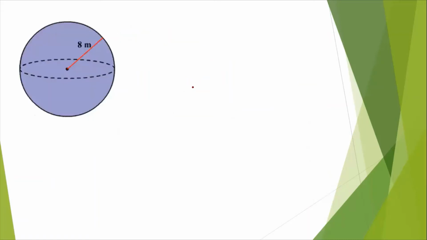Now, how about this one? Let us try to find the surface area of this sphere if we have a radius of 8. So, using our formula, 4 times 3.14 times 8 squared. 8 squared, that is 64, times 3.14 times 4.